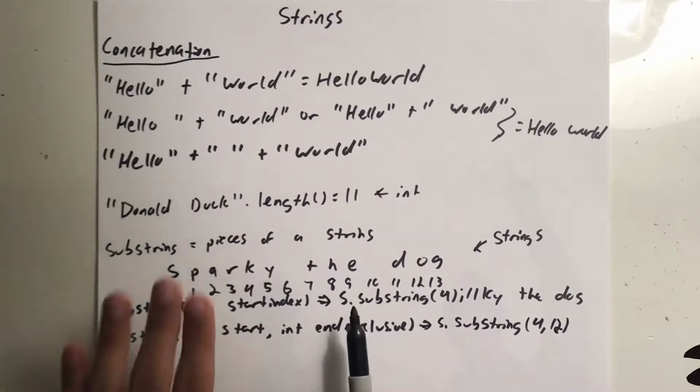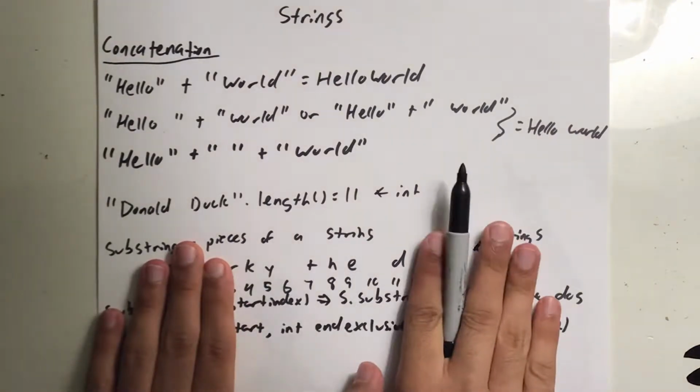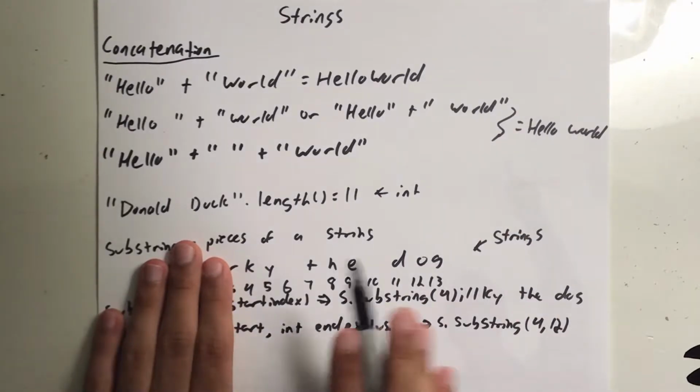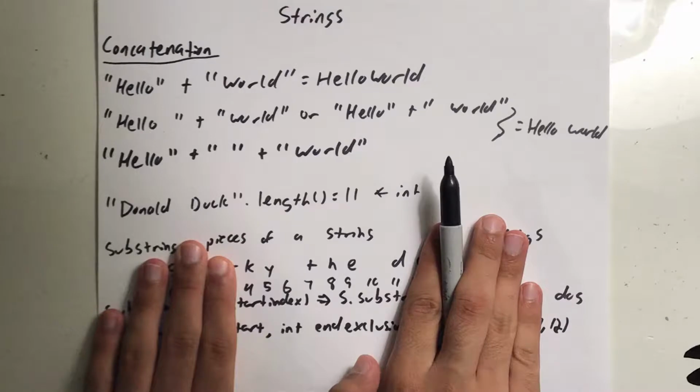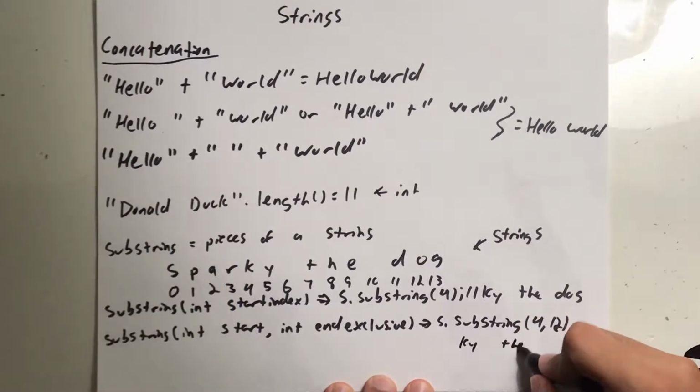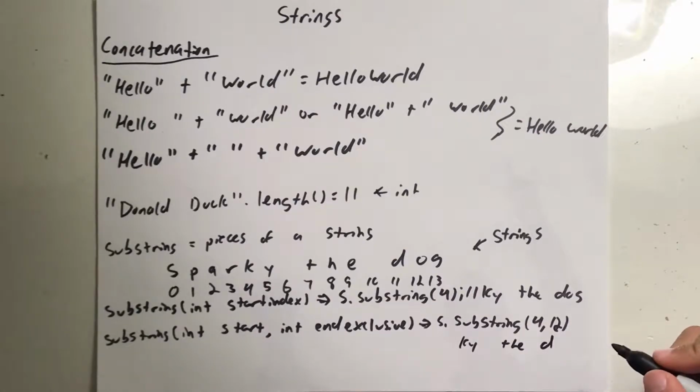So it's going to be from 4 to actually 11. So you go up to 12, we'll take it down a notch. So it's going to be "ky the d". Now, I think 2 more examples would be nice.